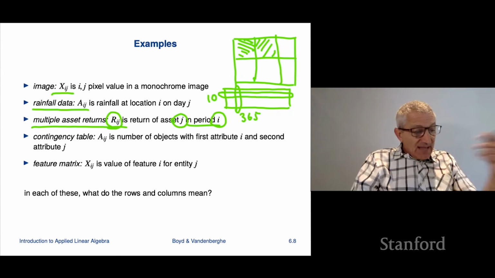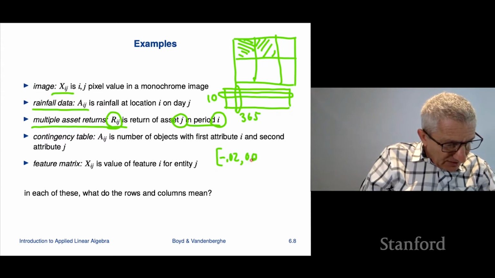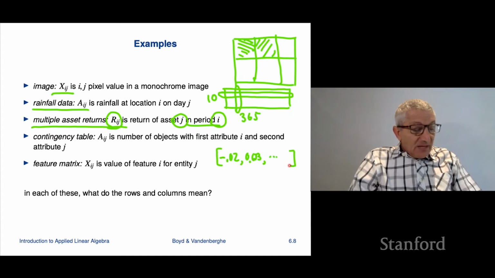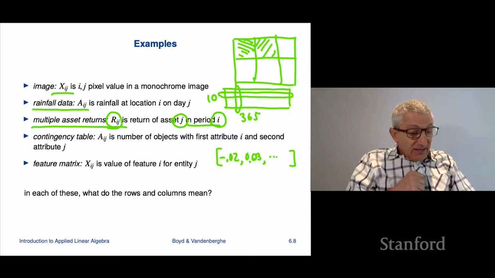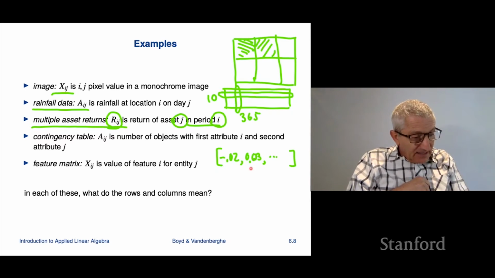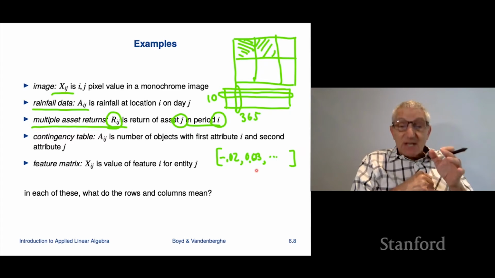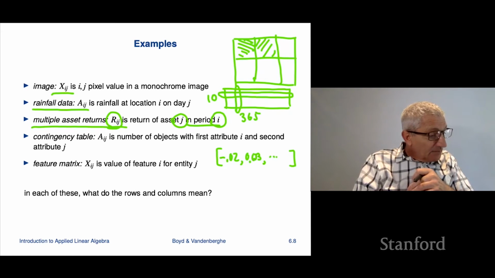So that row might look like this: minus 0.02, 0.03, and so on. What this would mean is the first asset in that period had a negative 2% return. The second asset had a positive 3% return, and so on. That's the idea.